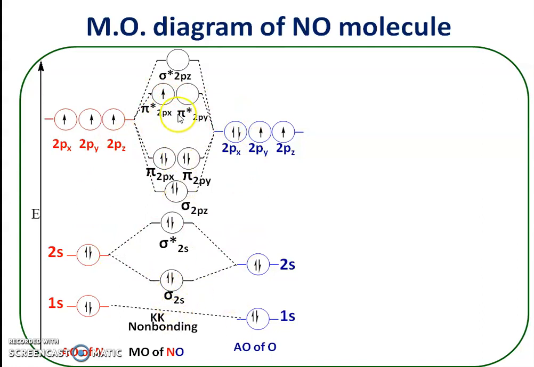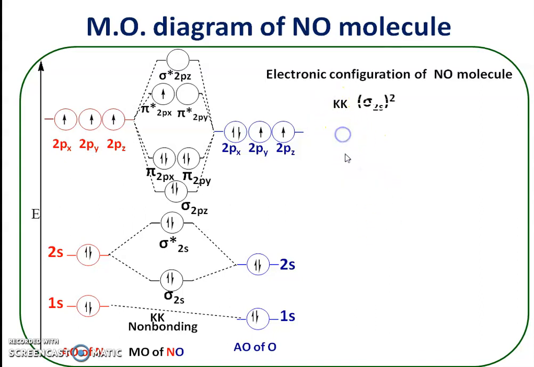So in this way electrons are filled by considering Pauli's exclusion principle, Hund's law of maximum multiplicity, and the above order. According to the above order, electrons prefer to accommodate first in the lowest energy orbital. So here in the nitric oxide molecule, there is one unpaired electron which is present in the pi star 2px antibonding molecular orbital, and therefore the nitric oxide molecule is paramagnetic.